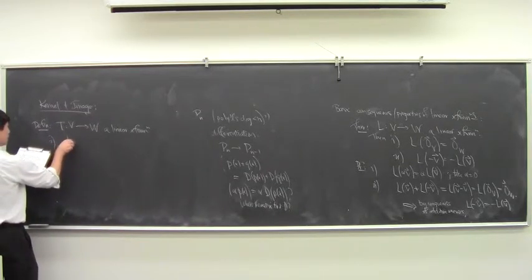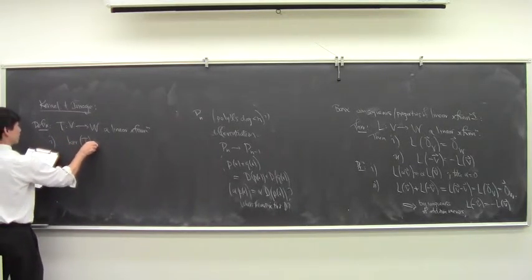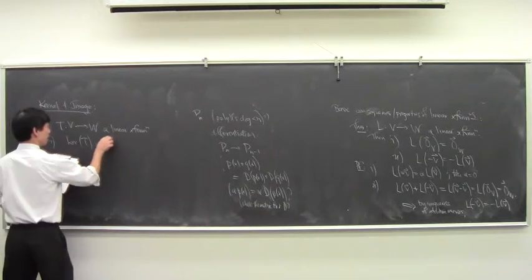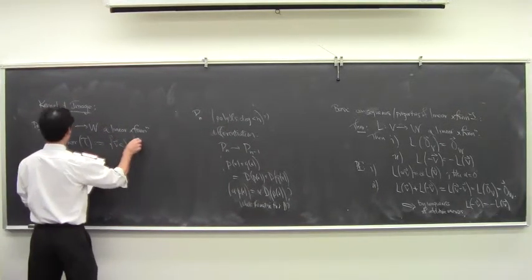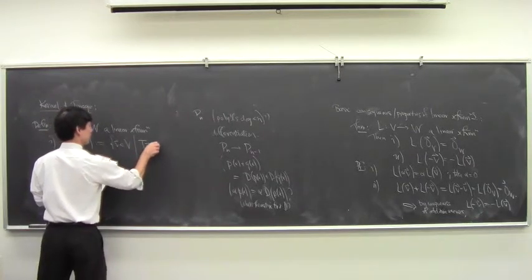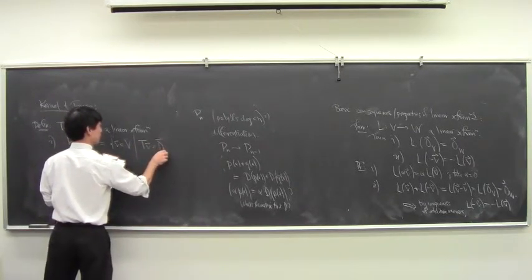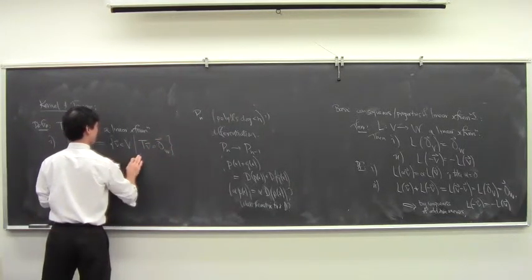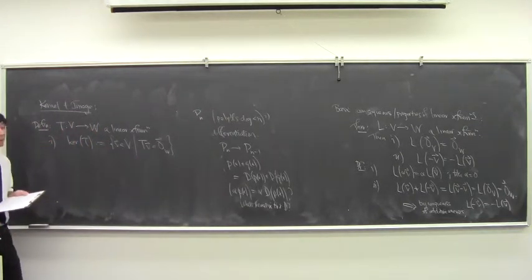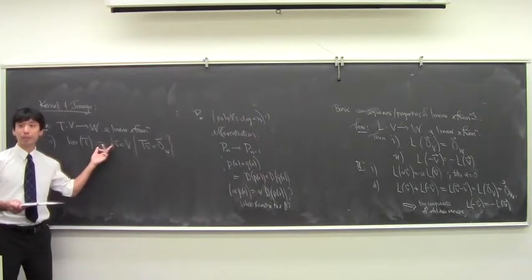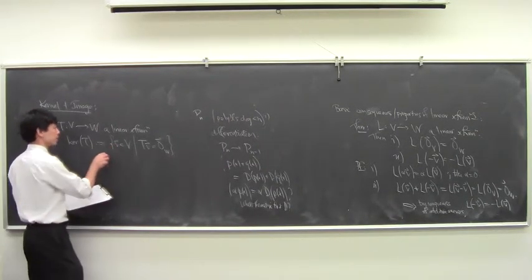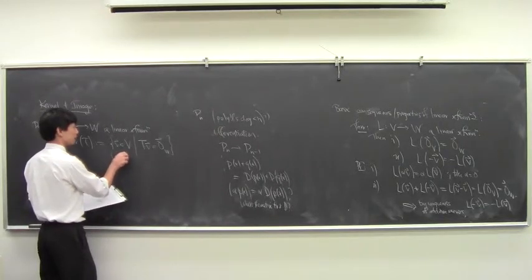The kernel of T is defined to be everything in the original space, in the domain space, such that it gets mapped to the 0 of the second space. Okay. It's just like the null space. Do you remember? We had these matrices, right? This is basically analogous to the null space.